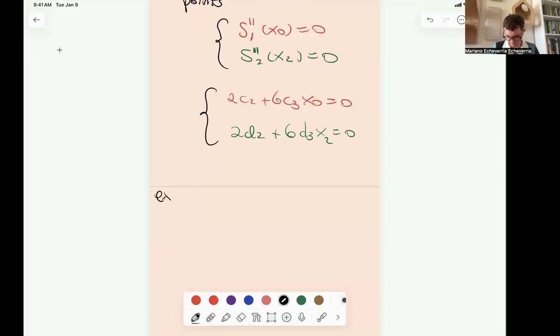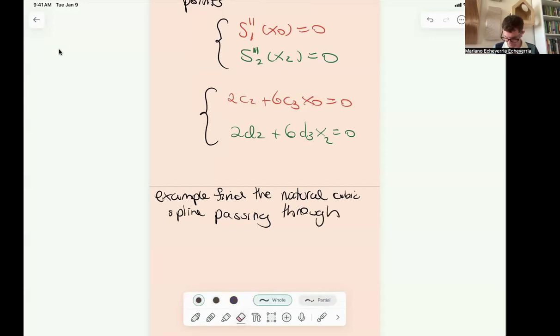So let me do an example where we want to find the natural cubic spline passing through the points that I gave on GeoGebra, which were -1, 1; oh, 0, 0, that's going to be nice; 0, 0; and 1, -2.